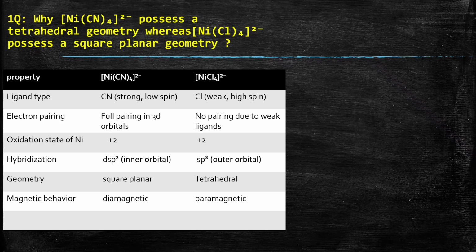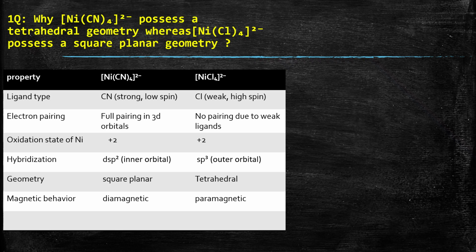The next thing is, you need to know the oxidation state of the metal. Here the nickel oxidation state is +2, so it loses 2 electrons, and with strong field ligands the electrons are paired up, because only one d orbital is vacant. So the electrons enter the d orbital first, then sp2.